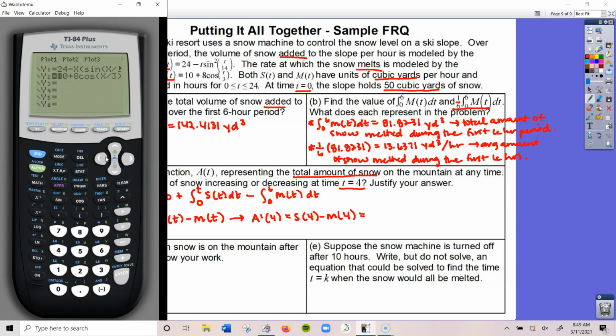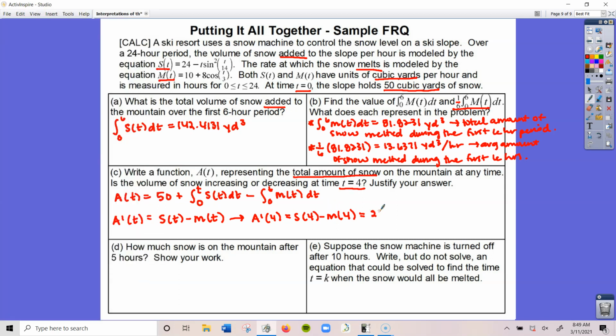I'm going to start with s of t, which is my bottom function. We go to second calc, value, because this is s of t, and I put 4. And I get 23.6822. Minus, now I need m of 4.